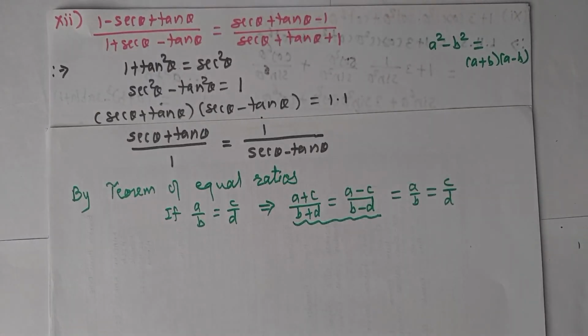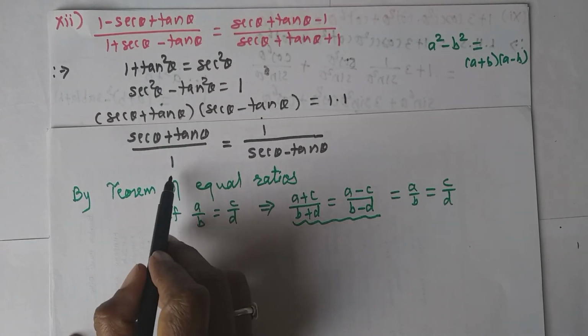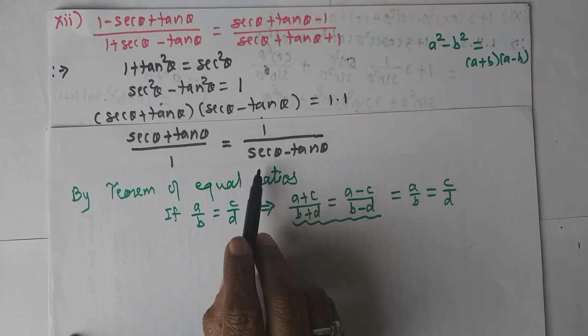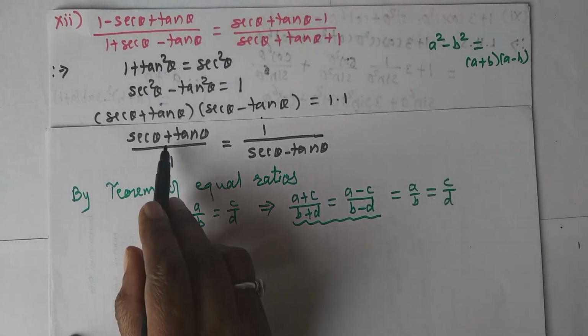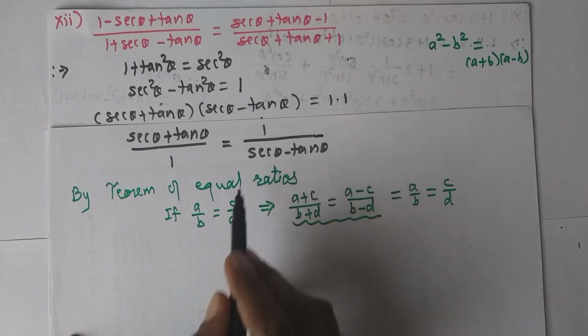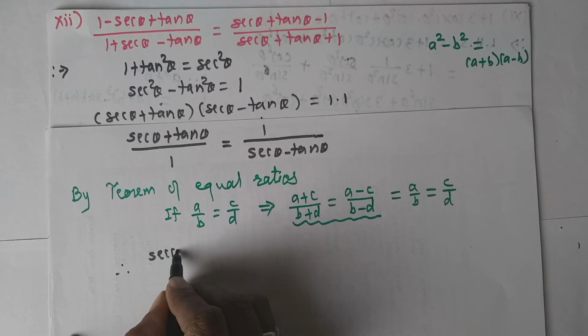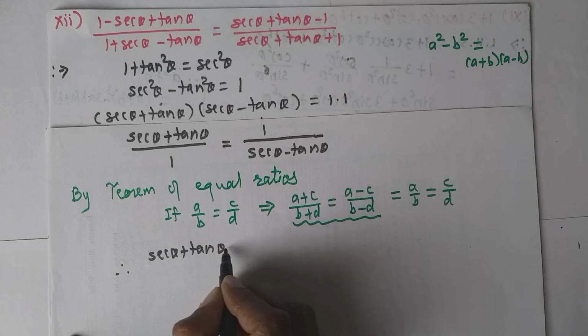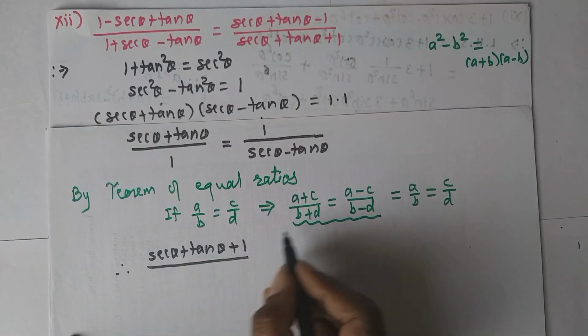Now here, what is a? A is sec theta plus tan theta, b is 1, c is 1, and d is sec theta minus tan theta. Use this property, a divided by b is equal to c divided by d. Then a plus c: a is sec theta plus tan theta, c is 1, divided by b plus d.